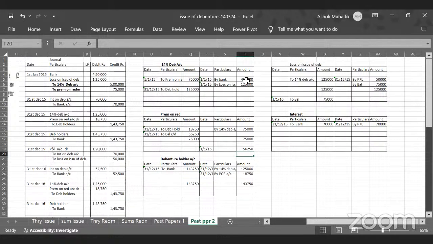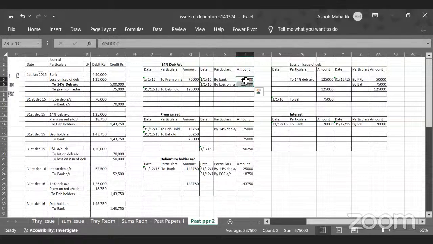Obviously, credit side will be heavier. Okay, so this account, take the total.